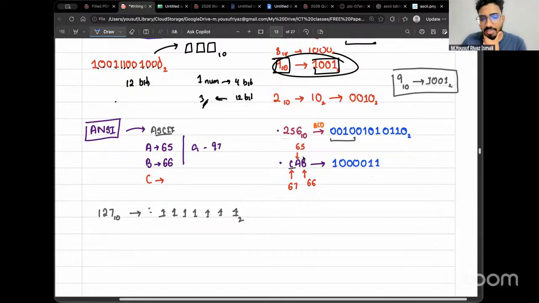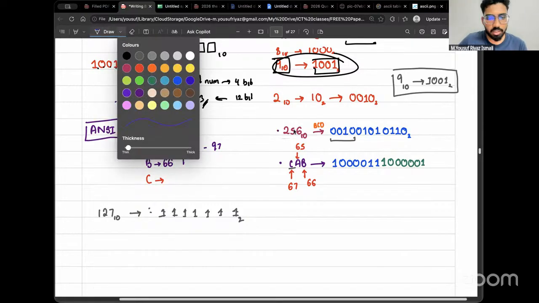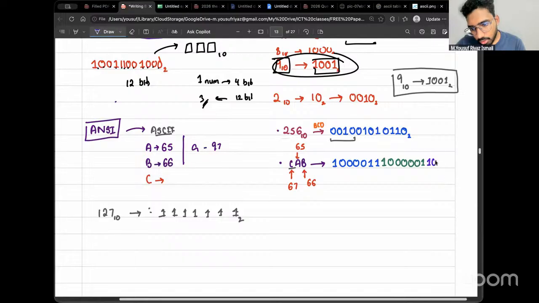If I convert 65 to binary, it will look something like this, 7 bits. If I convert 66 to binary, it will look something like this, 7 bits.